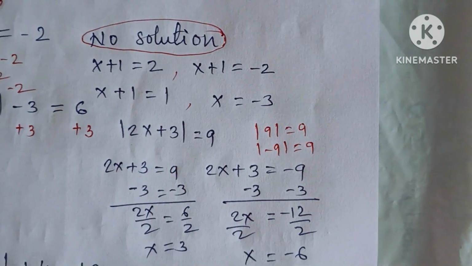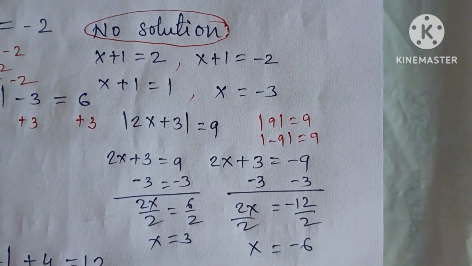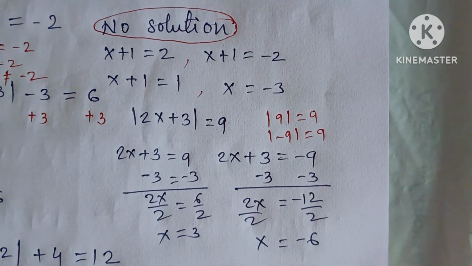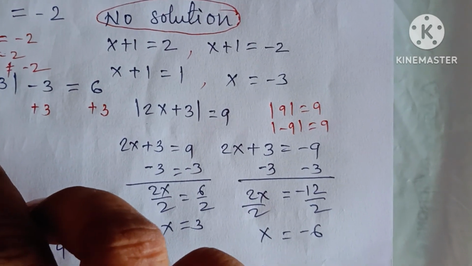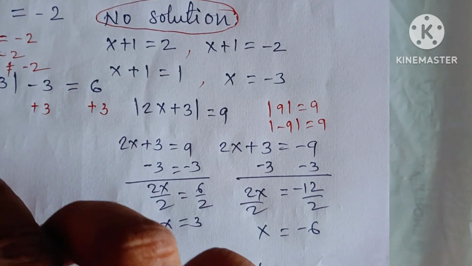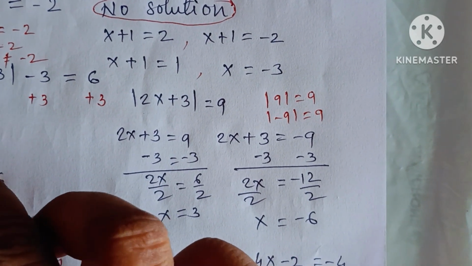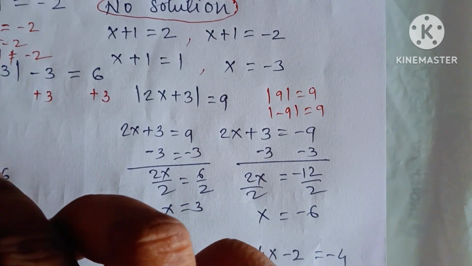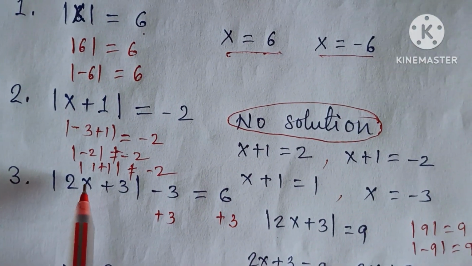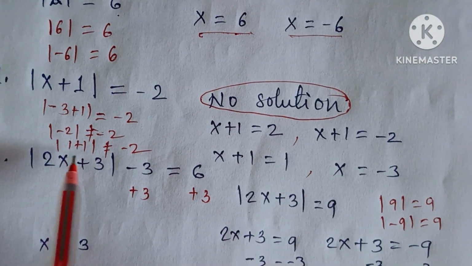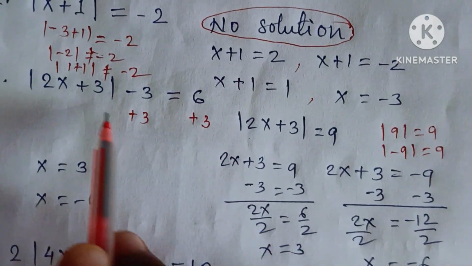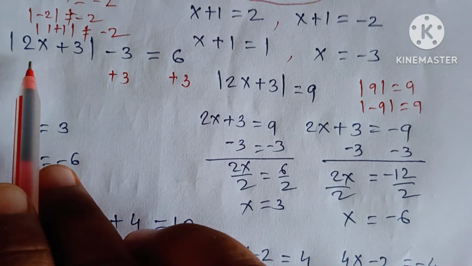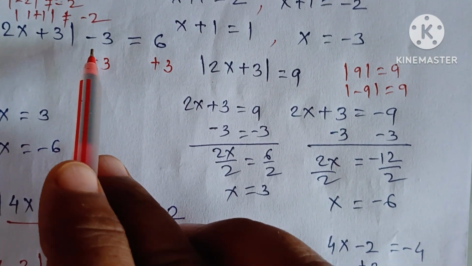But the absolute value of -3 plus 1 is not equal to -2, and the absolute value of 1 plus 1 is not equal to -2. So now the next example.